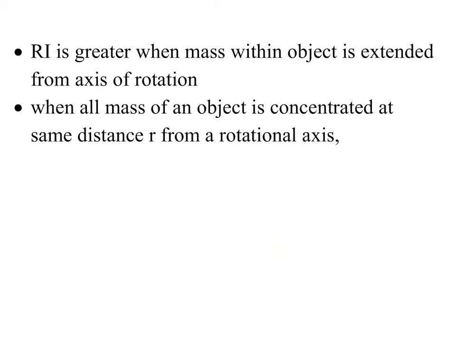But when all the mass of an object is concentrated at the same distance from the rotational axis, so basically we could have a disk that's solid, or a disk with the same mass, but all the mass is on the outside and it's just hollow on the inside.